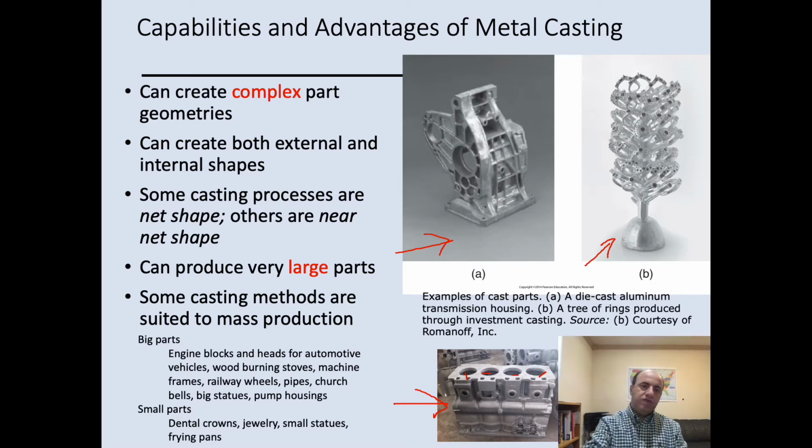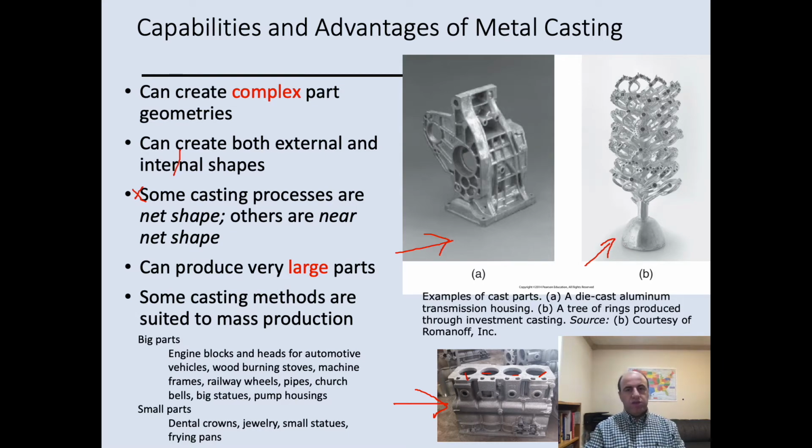The next advantage is that the process can be net shape or sometimes near net shape. What is net shape? Net shape means that when the part is made by the casting process, it does not require additional processes like machining or any other manufacturing processes.